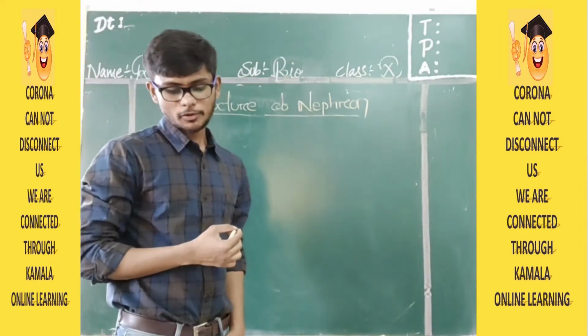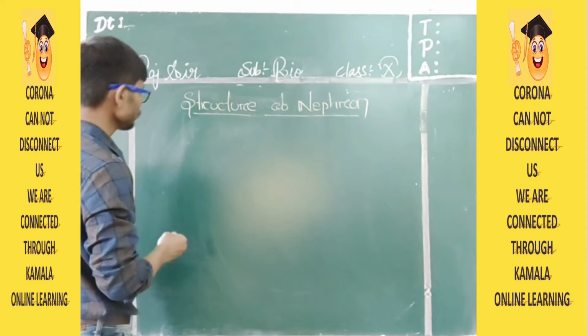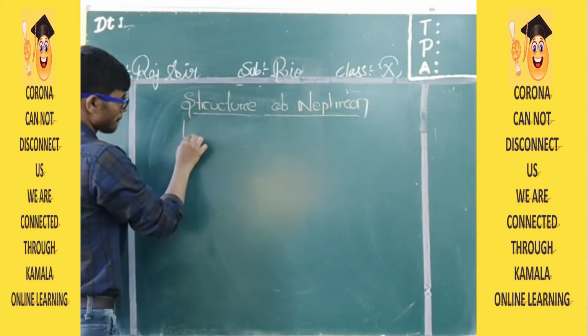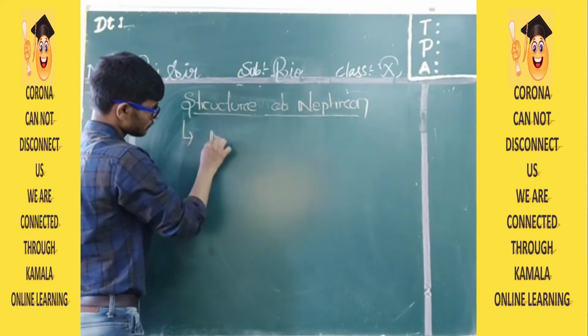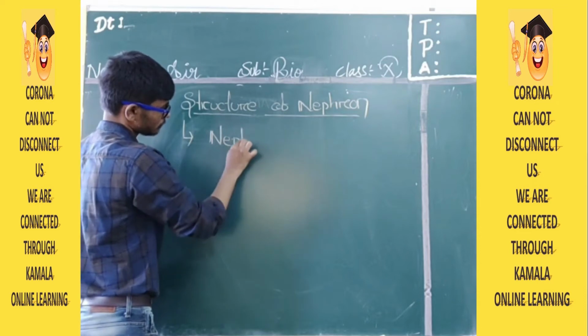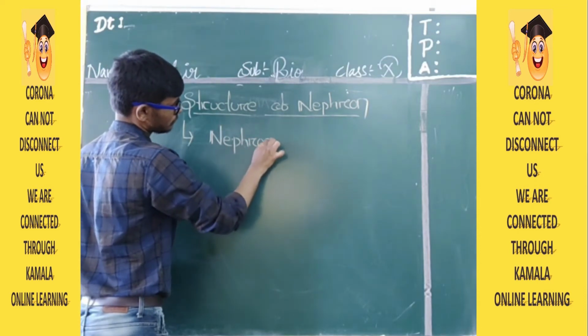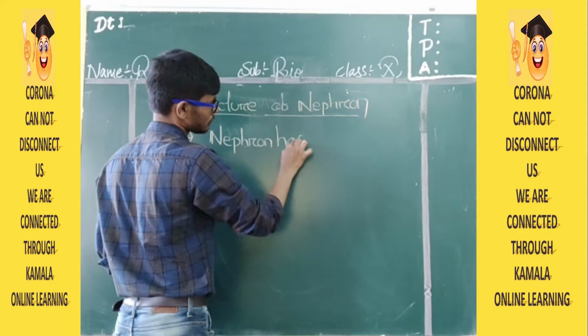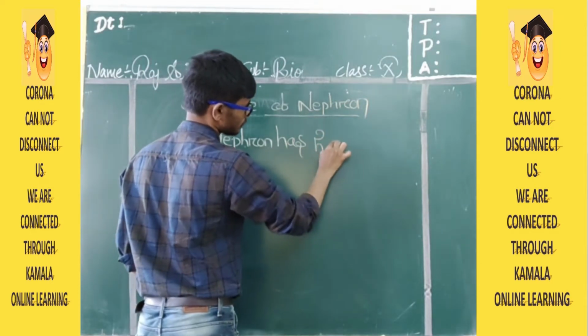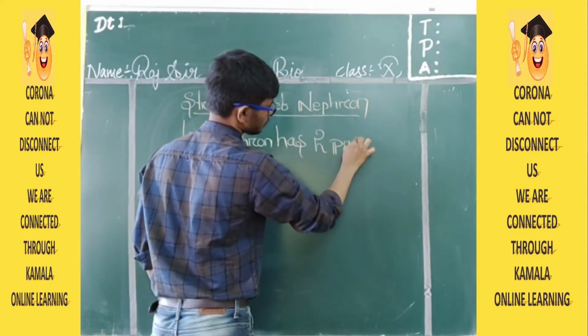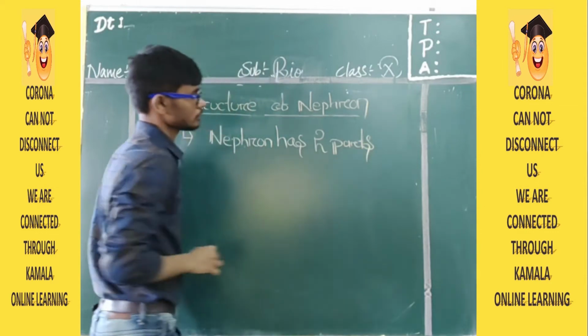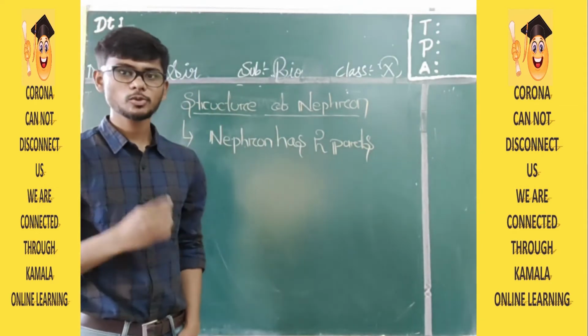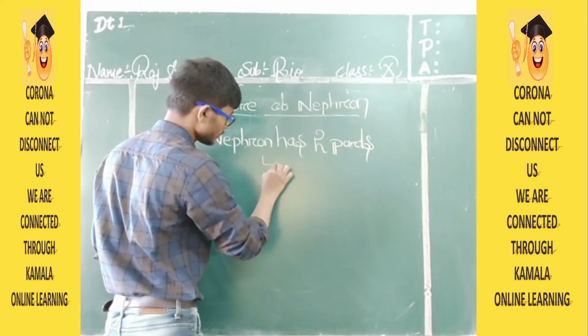First thing is, each nephron has basically two parts. Each nephron has how many parts? Two parts. What are they?